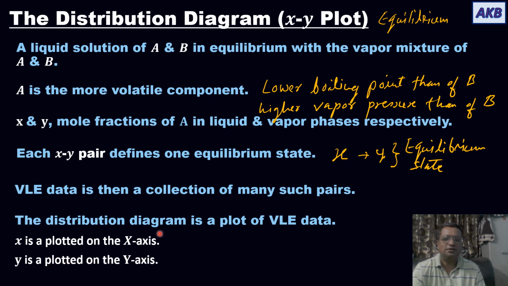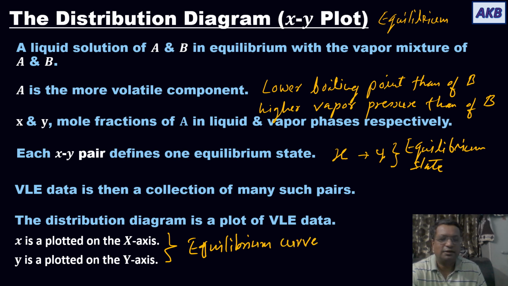So the resulting curve that we will be getting is the equilibrium curve. So this plot will give us equilibrium curve, and that diagram is the distribution diagram, or the equilibrium diagram, you can say, the diagram that describes equilibrium between the liquid phase and the vapor phase.